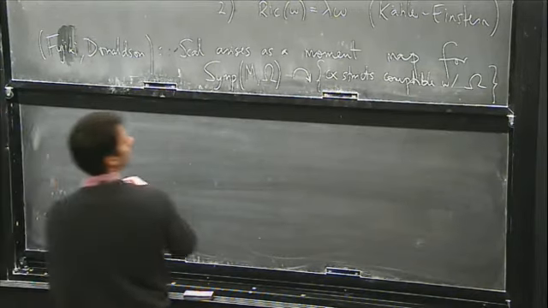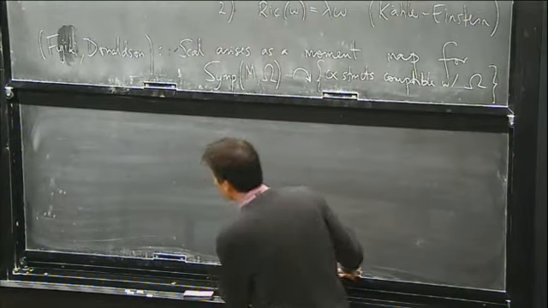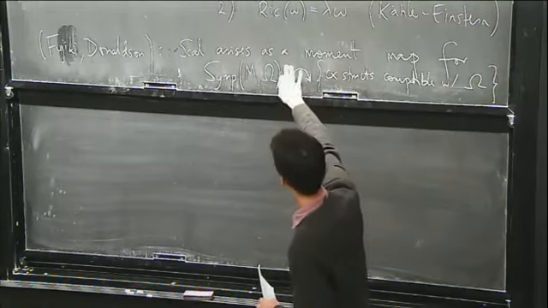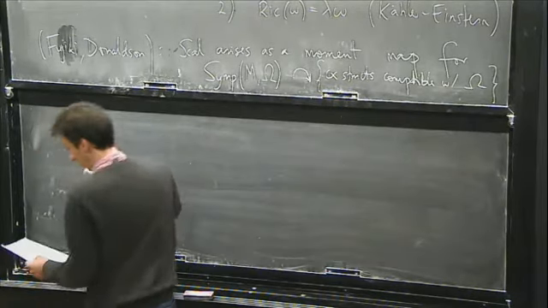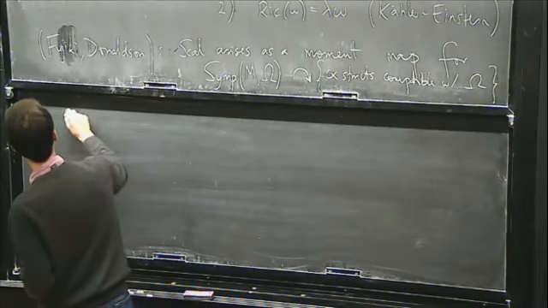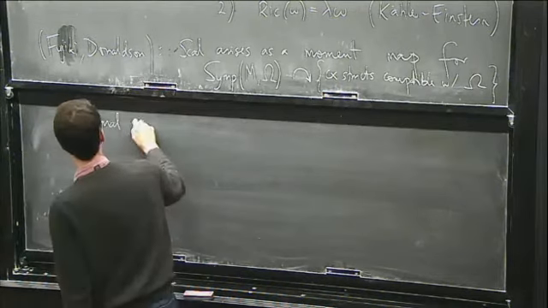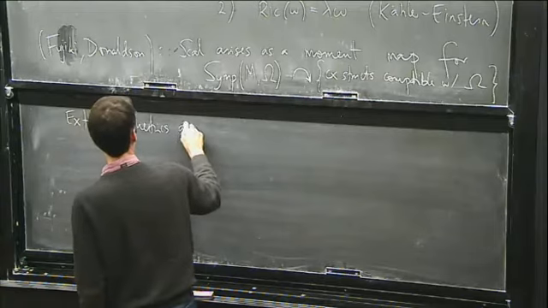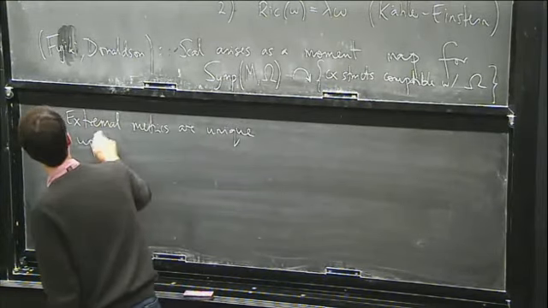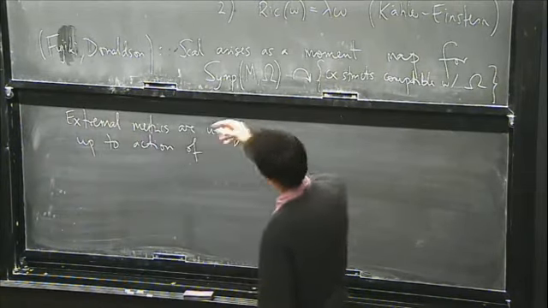I definitely don't have time to survey all results on extremal metrics, but one very important one, which again relies heavily on this heuristic infinite dimensional picture, is that extremal metrics are unique whenever they exist, up to the action of the automorphism group of the manifold.